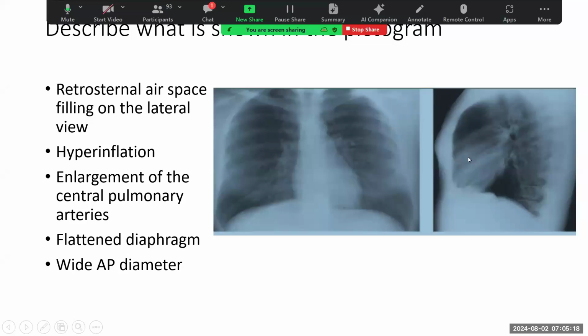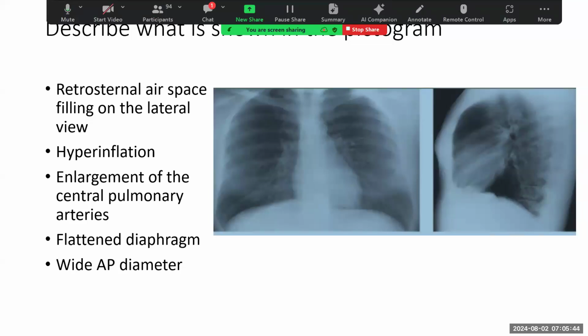So the lateral view here shows there is an increase in the retrosternal airspace filling. That's on the lateral view, the one on the right, the extreme right. And then there is also widening of the AP diameter on this chest X-ray. On the PA view there is hyperinflation because of the number of ribs.